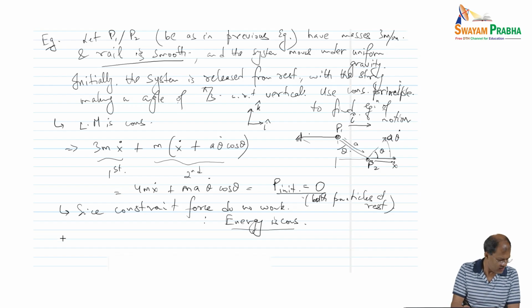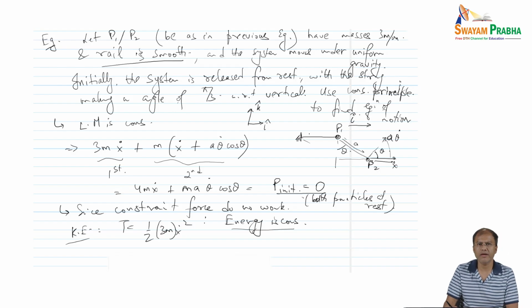If we do that, our kinetic energy of the system T is given by half times 3m times x dot square, so that is for the heavier mass, plus half m times x dot square plus a theta dot whole square, plus 2x dot a theta dot cos theta, right?